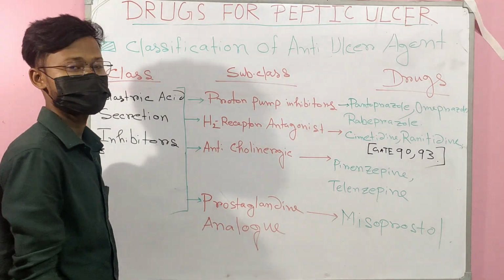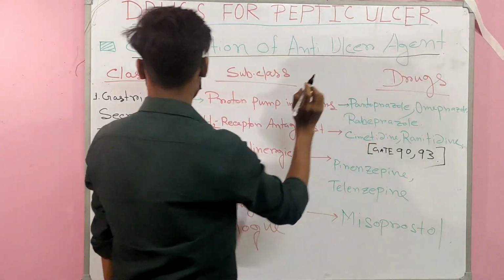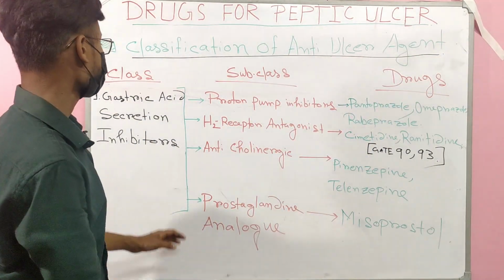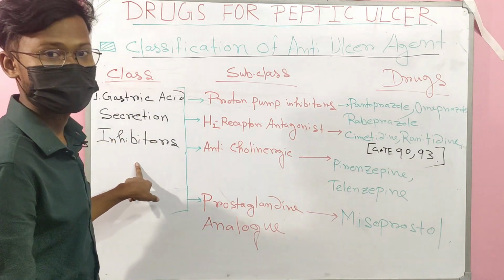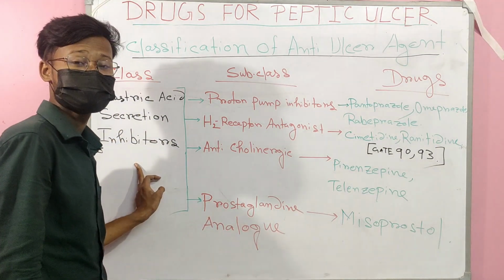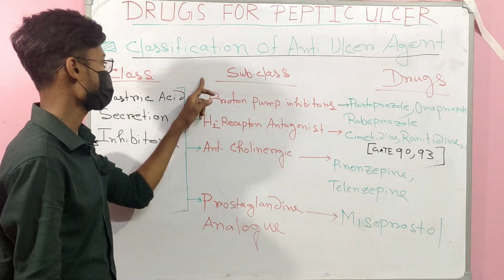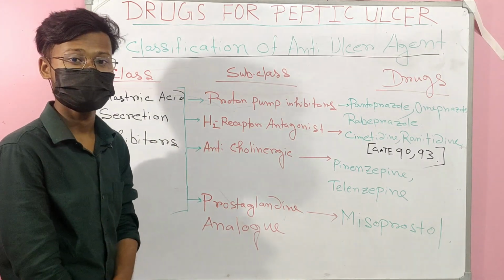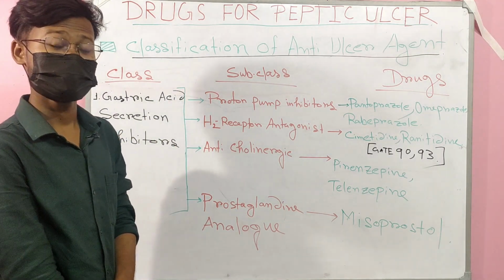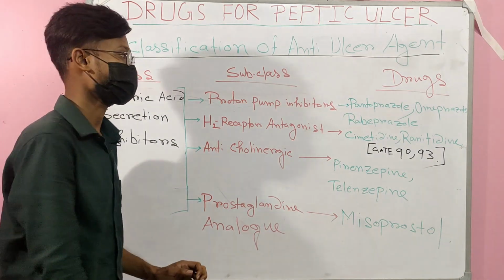Now, classification of anti-ulcer agents. Firstly, gastric acid secretion inhibitors, meaning those drugs which decrease the gastric acid secretion. The first subclass is proton pump inhibitor, which inactivates our hydrogen potassium ATPase pump or proton pump.